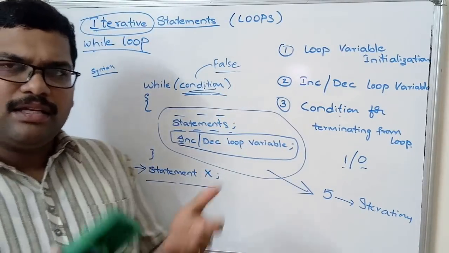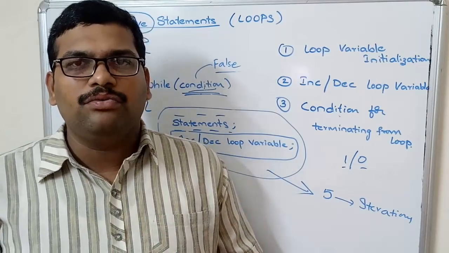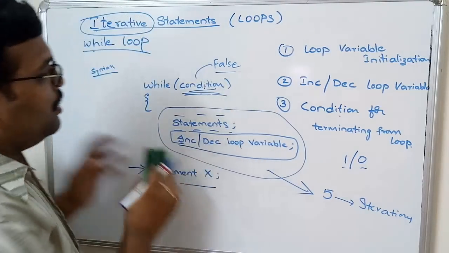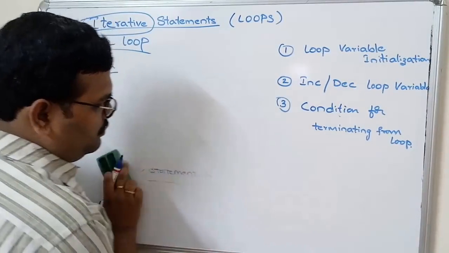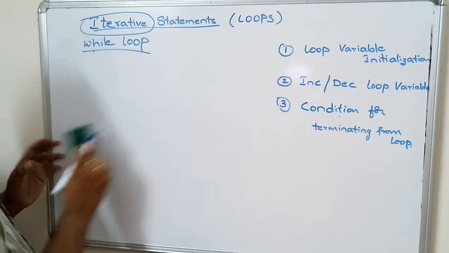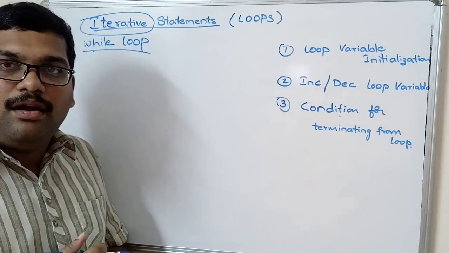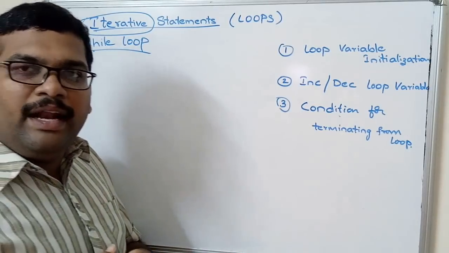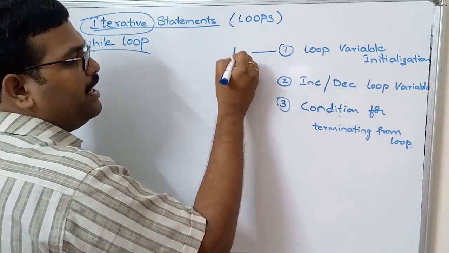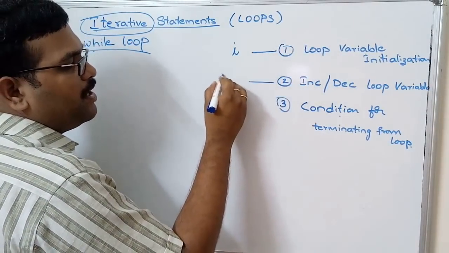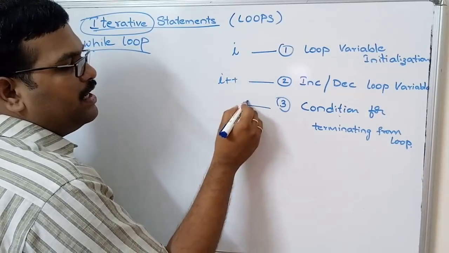Let us take this common example, printing 1 to 100 natural numbers. If we want to print 1 to n natural numbers, let us have a loop variable I, increment operator I plus plus, and the condition.